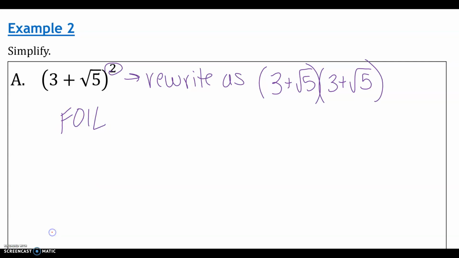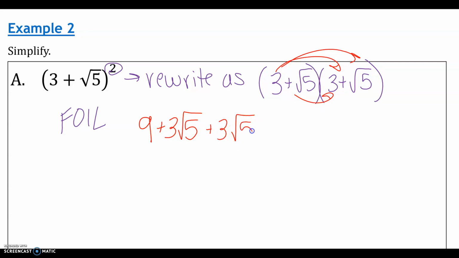So if we do that, we're going to get 9 plus 3 radical 5 plus 3 radical 5 plus radical 25. Now, if you look at the middle, it's not going to cancel because you don't have opposite signs.